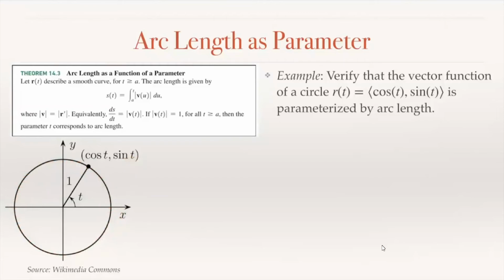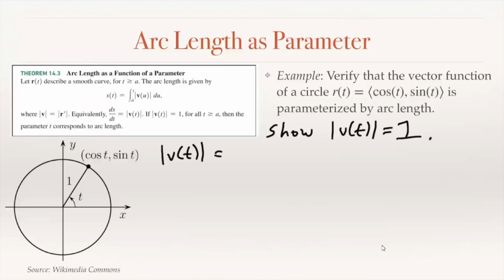And we can verify this mathematically by just finding that the speed is 1. So to verify this, what we need to do is show that the speed is 1. Well, the speed, magnitude of velocity, is the magnitude of r prime of t, since velocity is the derivative of position.